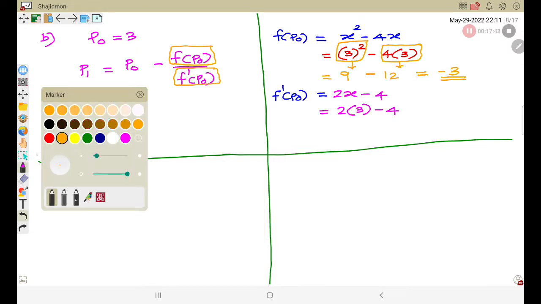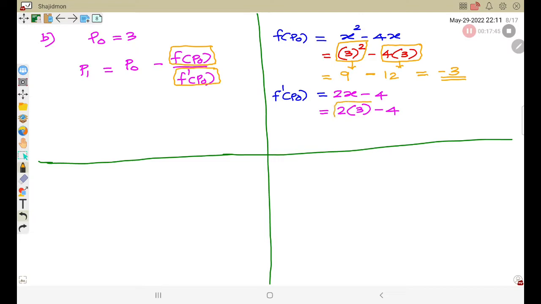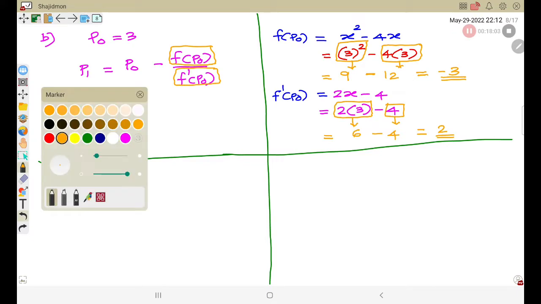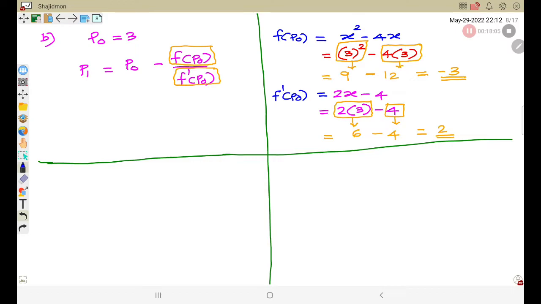As I told you, we calculate separately with 3 digits rounding. First 2 multiply 3 is 6, then minus 4 we write the same. What is 6 minus 4? That is equal to 2. Okay, so we got f of P0 and we got f dash of P0.